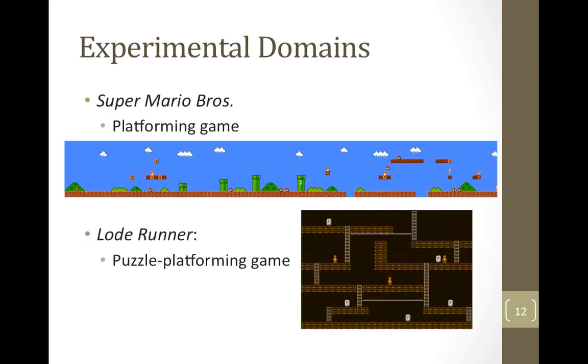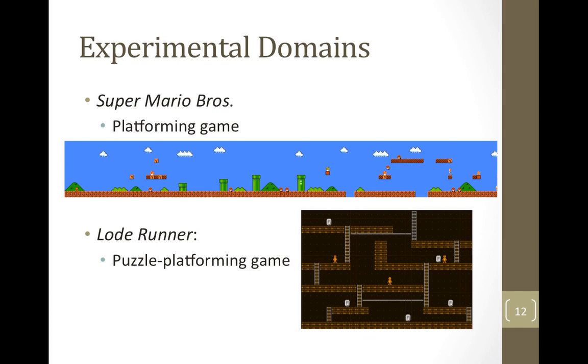So in order to evaluate this approach, we experimented with two domains, Super Mario Bros. and Loadrunner. Now, both these domains are platforming games, but they require very different play styles in order to complete them.